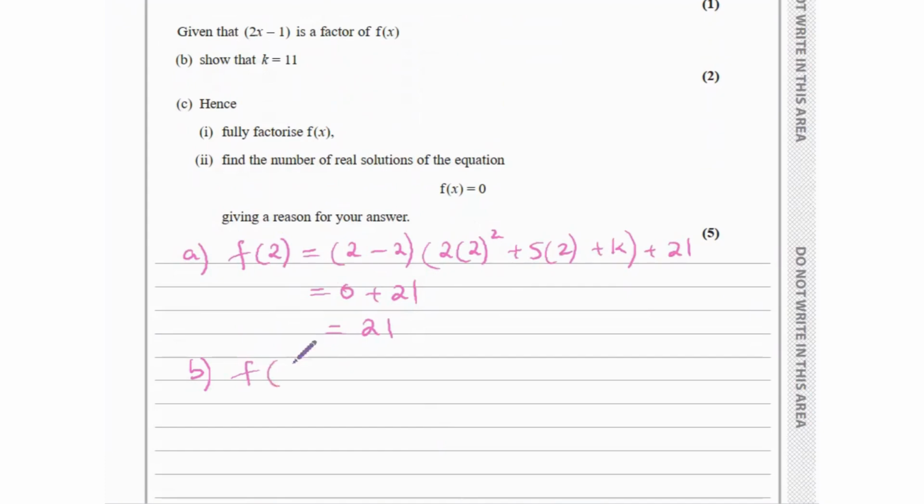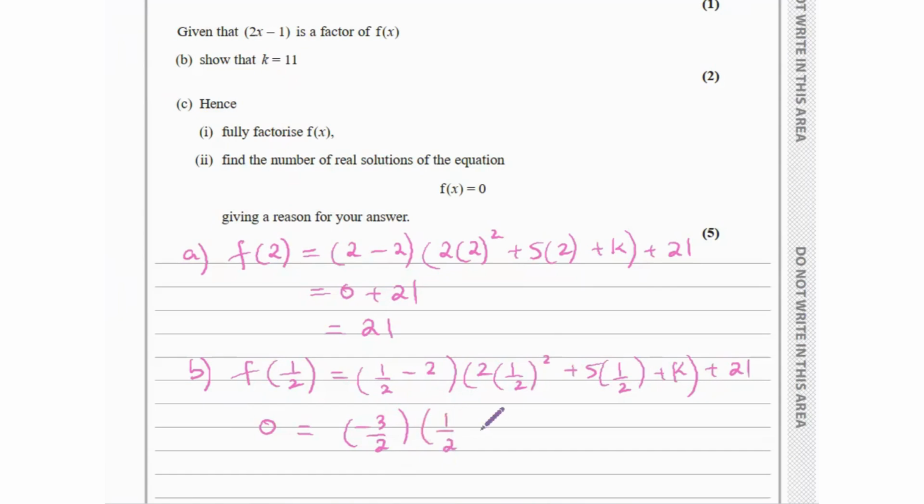So f of 1 over 2 equals to 1 over 2 minus 2 times 2 times 1 over 2 squared plus 5 times 1 over 2 plus k, plus 21. 0 equals to negative 3 over 2 times 1 over 2 plus 5 over 2 plus k, plus 21.